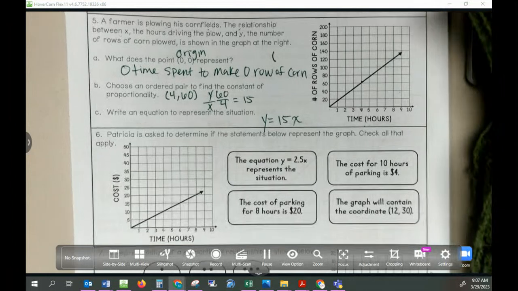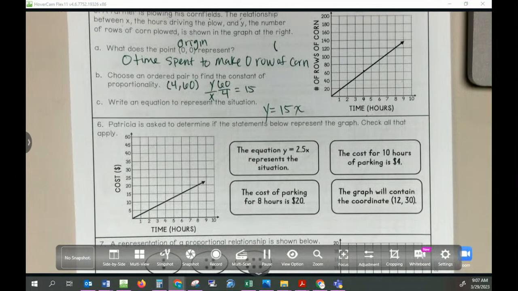It says Patricia is asked to determine if the statements below represent the graph. Check all that apply. So let's have someone do this one first. Where did we leave off last night? Rania, the equation y equals 2.5x represents the situation. Is that true for here?